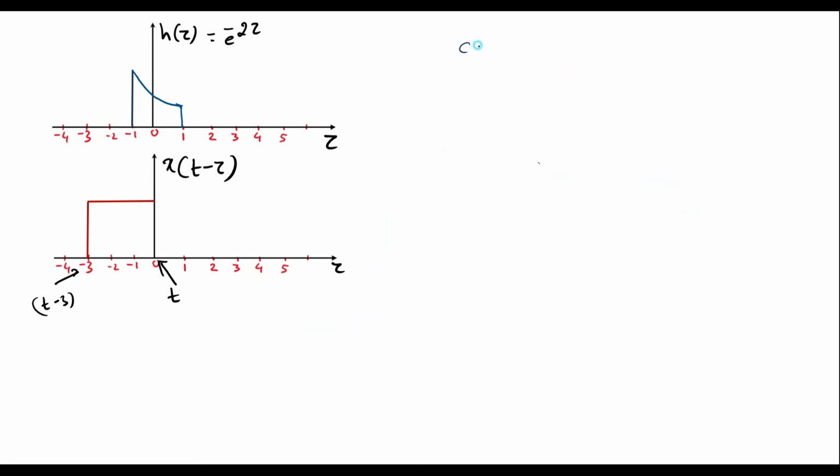So now consider case 2, that is when t is greater than or equal to minus 1 and t is less than 1. Here we can see that this is the starting point of x of t minus tau, that is at tau equal to 0, its value is t.